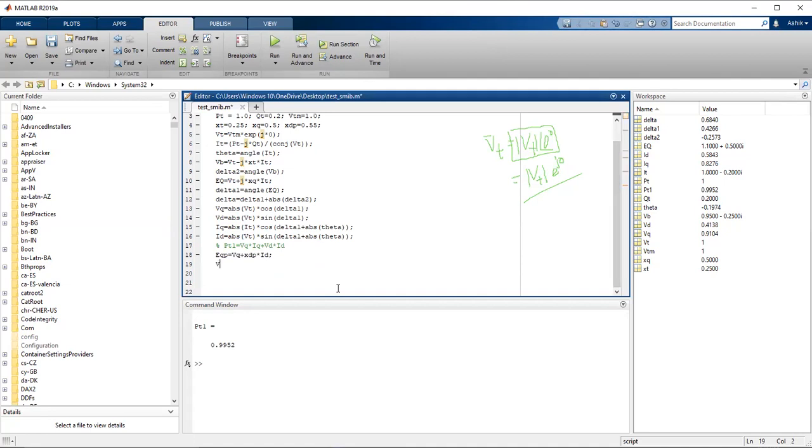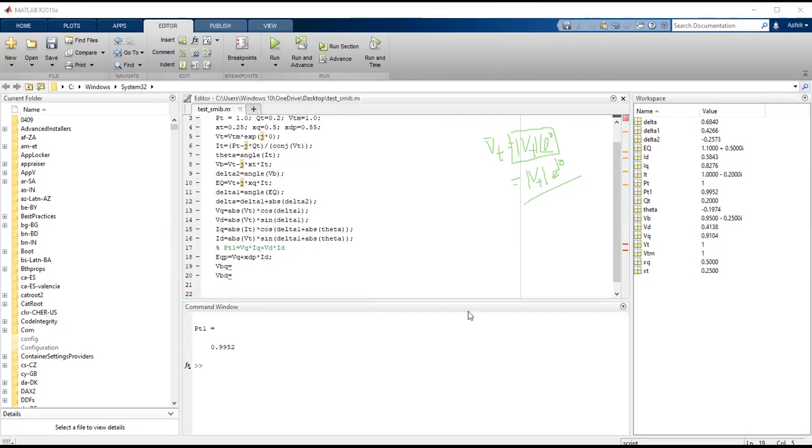What about VBD and VBQ? Take the Q first. So VBQ and VBD respectively. So VBQ, what is VBQ? VBQ should be, let me go back. VBQ is absolute of VB cos delta.